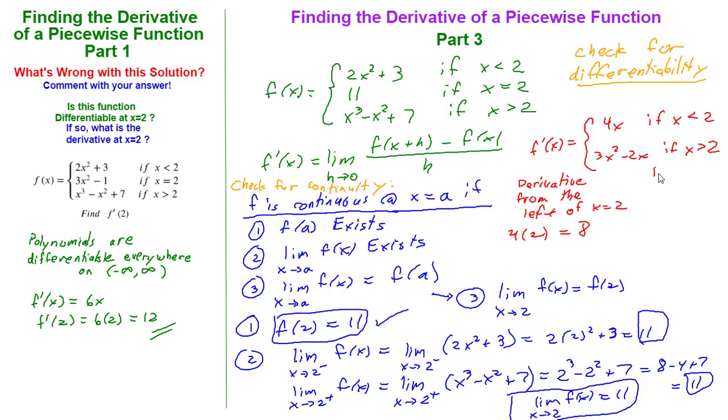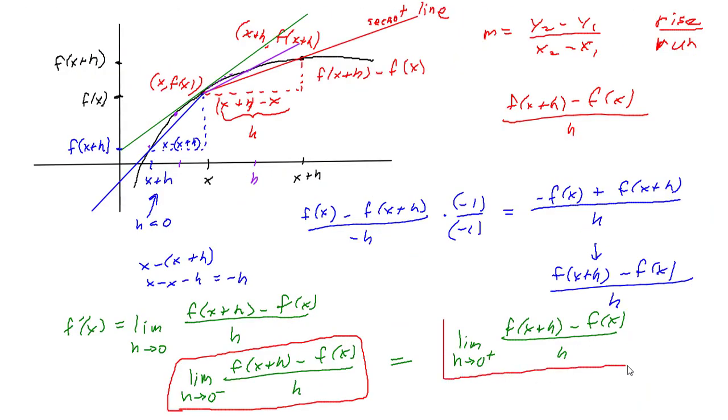We also want to check the derivative from the right of x equals 2. So again, we can plug in x equals 2 here from the right. When we say derivative from the right of x equals 2, we are really referring to the limit as h approaches 0 from the right of the secant lines, the part of the definition of the derivative that is the limit as h approaches 0 from the right.